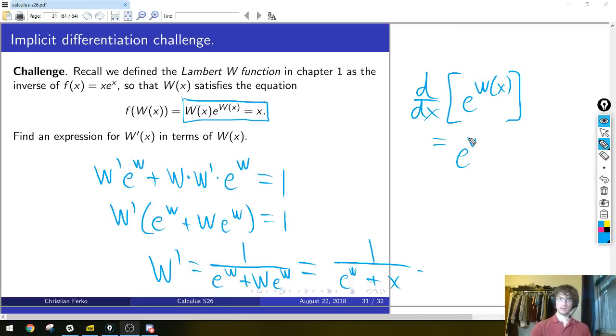Can you explain why this is e to the w of x times w prime of x? Well, I thought I was understanding it. Now I have no idea where that came from.